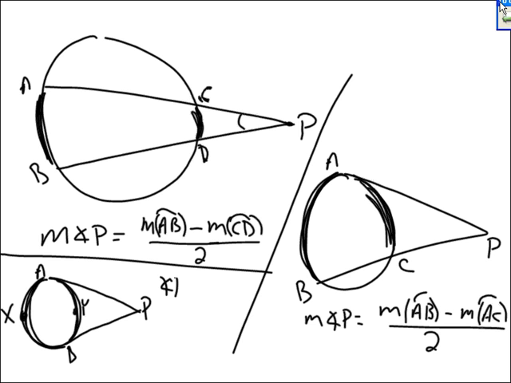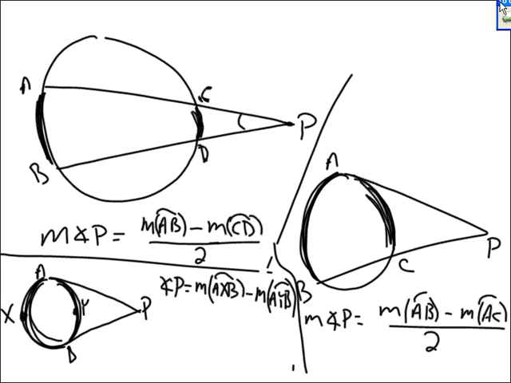So angle P is equal to the measure of arc AXB, this big one, minus the measure of arc AYB, all over 2.